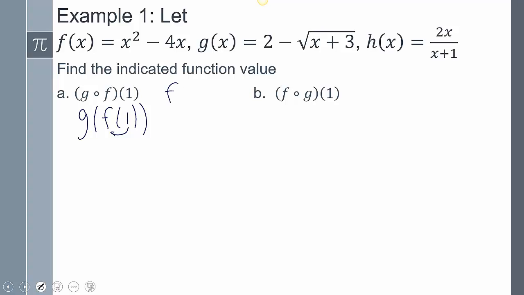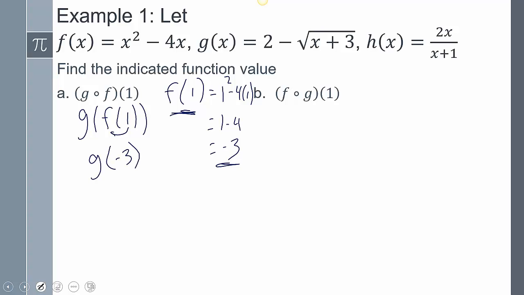So if I find f of 1, I plug 1 into my f function, so I get 1 squared minus 4 times 1. So 1 minus 4 equals negative 3. So if f of 1 is negative 3, this now becomes g of negative 3.